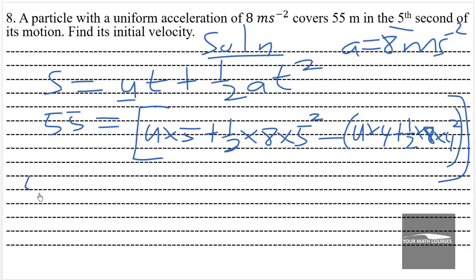So we have 55 being equal to 5u plus, this will give us, 4 times 25, which is 100, minus 4u plus half of 8 is 4 times 4 squared, that will give us 4 times 16, which is 64.